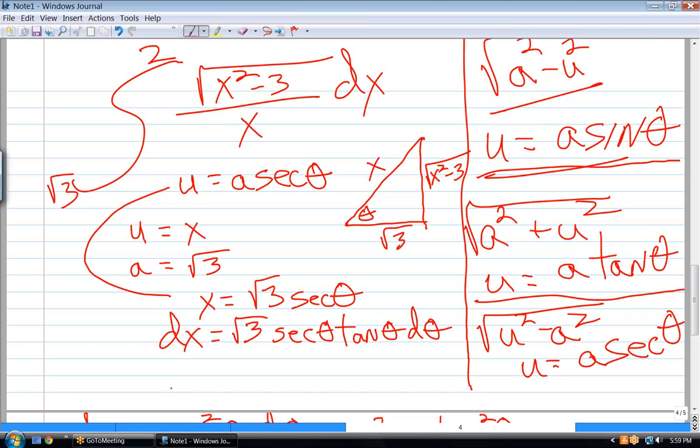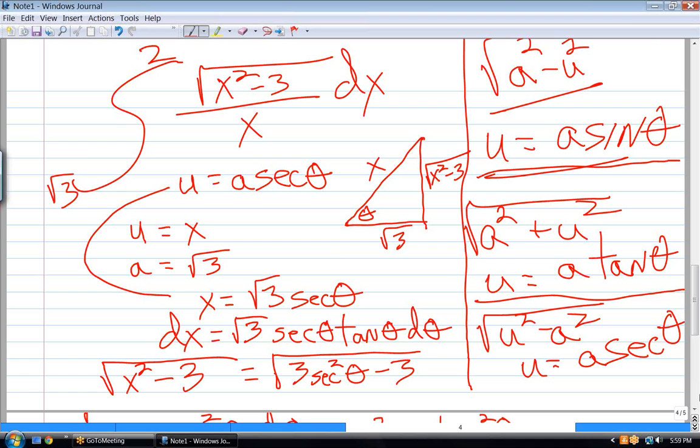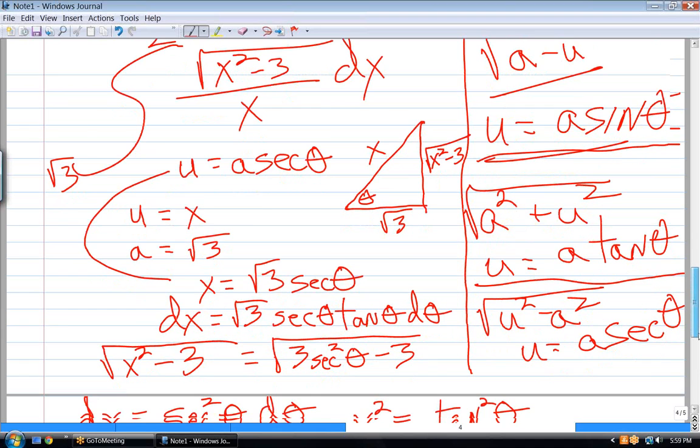So what is the square root of x squared minus 3? Well, the square root in terms of trig, x squared minus 3 is going to be equal to the square root. If I do it the hard way, it's going to be the square root of this squared, which is 3 secant squared, minus 3. And notice these always work nicely.